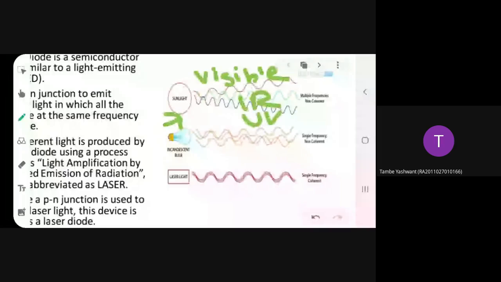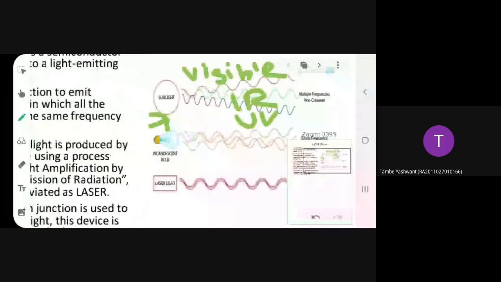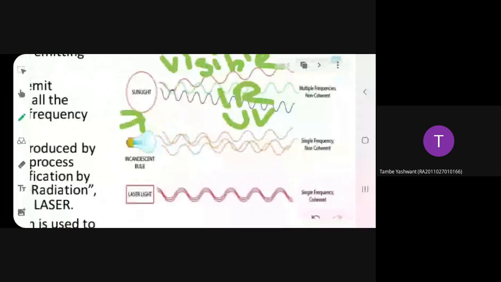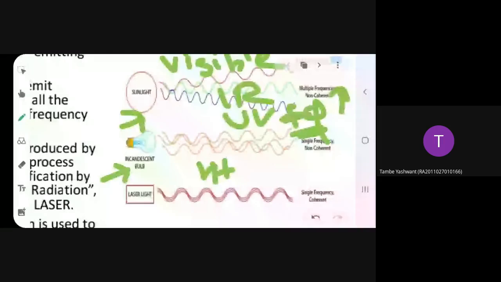So different types of waves are released from sunlight whose frequencies differ, and they will not be in phase. Both frequency and phase will be varying. Suppose you take the case of a bulb. Here also the waveforms are not in phase, but all the waves will be of single frequency.